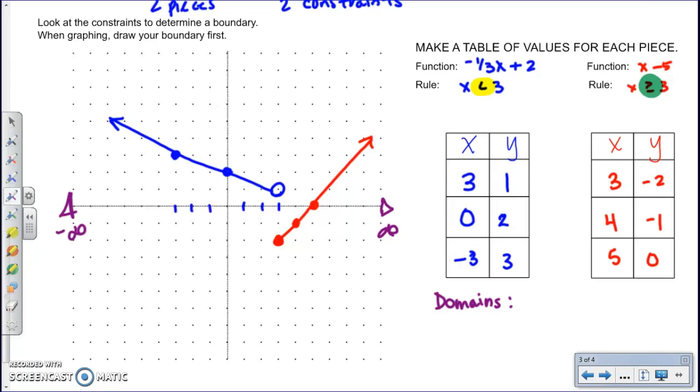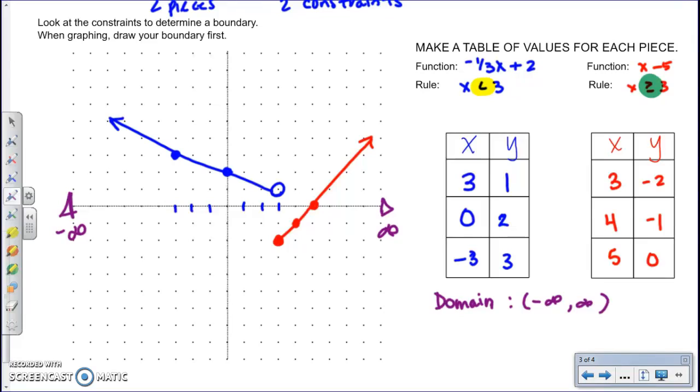You can see our graph does start at -infinity because it continuously starts in the far left area with the arrow, so it means it's going to -infinity, right? So our domain is -infinity, and it continues forever in the right direction. So that's going to be to +infinity.